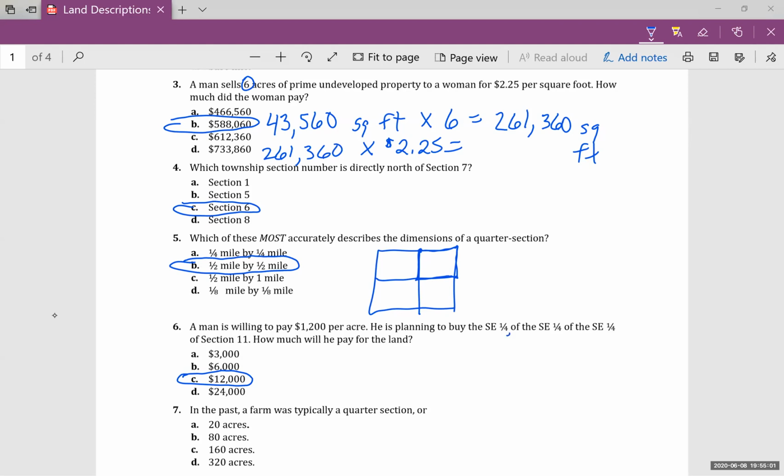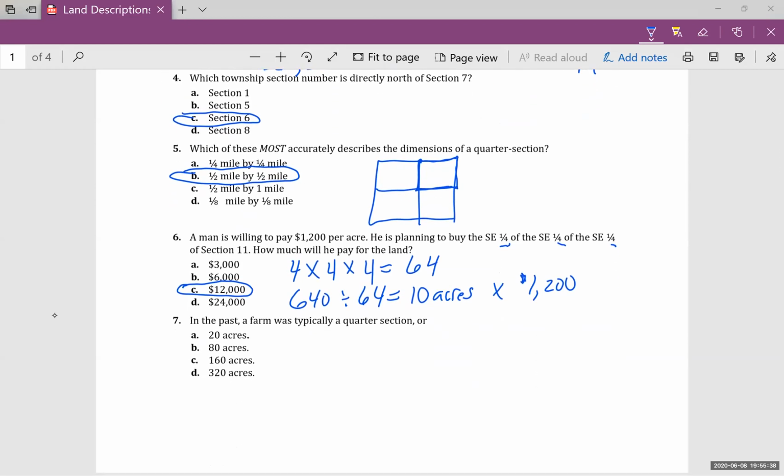Well, if you do the math shortcut, 4 times 4 times 4 is what? 4 times 4 is 16. Times 4 is 64. 640 acres divided by 64 equals 10 acres, right? Times 1,200. There you go.